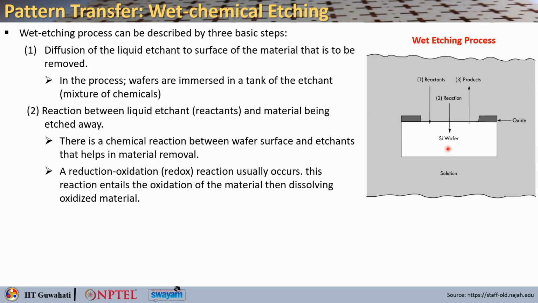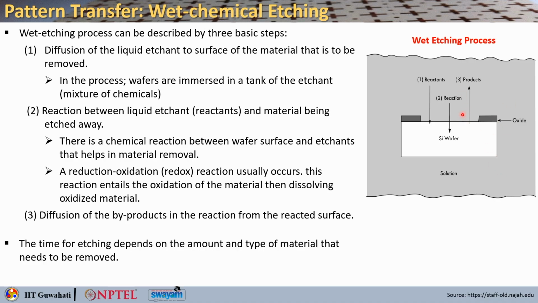A reduction oxidation, or redox, reaction takes place. This reaction entails the oxidation of the material, then dissolving the oxidized material. Finally, the diffusion of the byproducts of the reaction away from the reacted surface, that is the last step. So, in this way the process works.